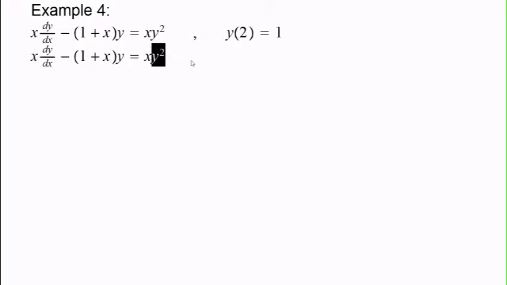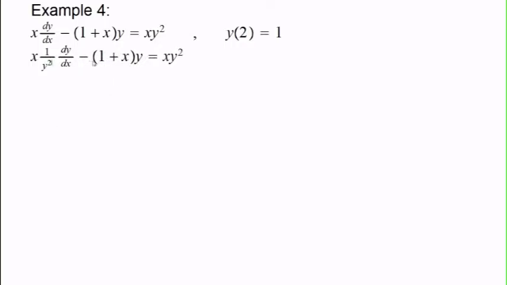Now of course we have a y square here, so we don't have a function of x, but noting that 1 over y square is the derivative of negative 1 over y, we may do this: divide by y square.